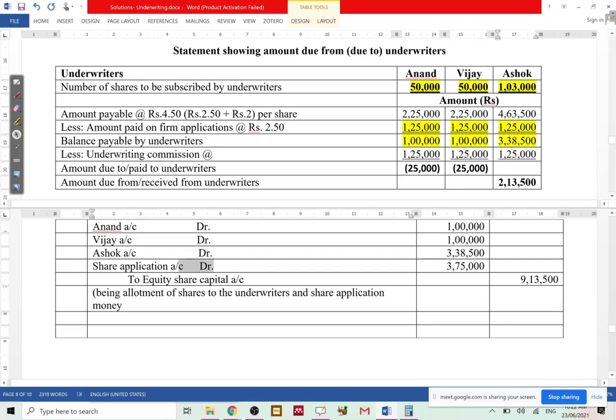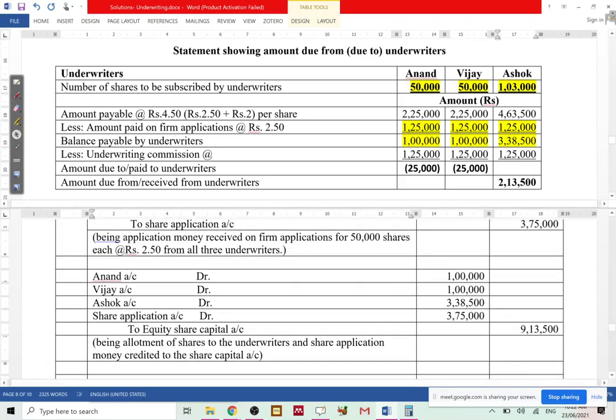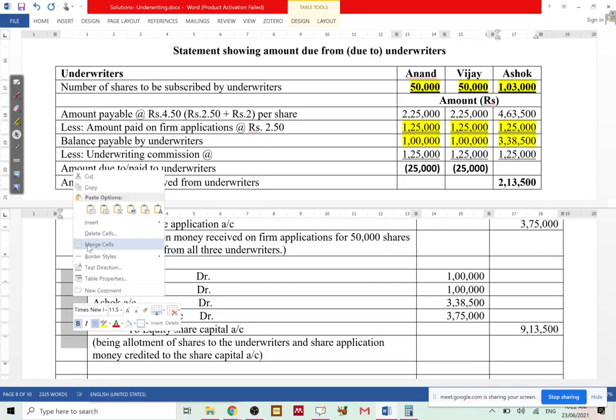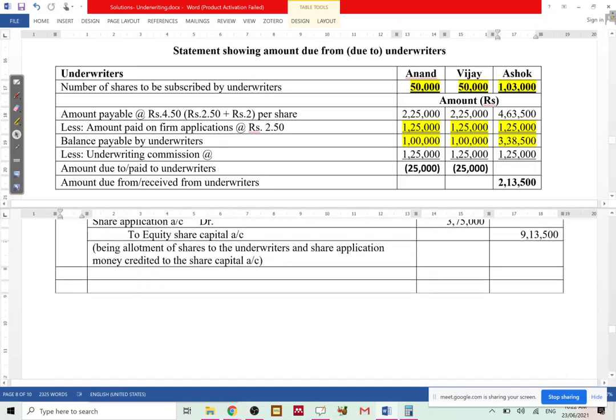What we have done with the share application money is being share allotment of shares and share application money credited to the share capital account. Okay, so we transferred all the money to the share capital account. Like we are showing that this is how much we have raised as share capital from this issue. Okay, this is how much the underwriters are supposed to pay us. Is this clear?